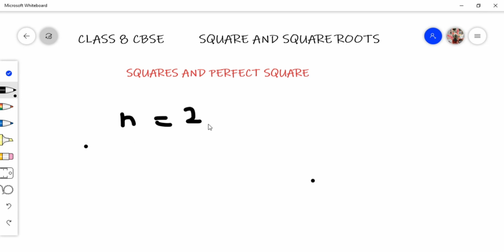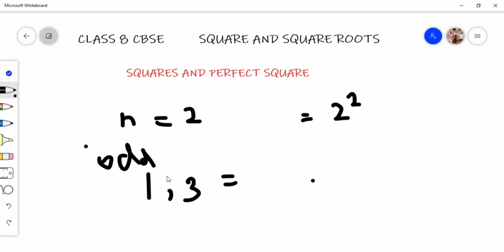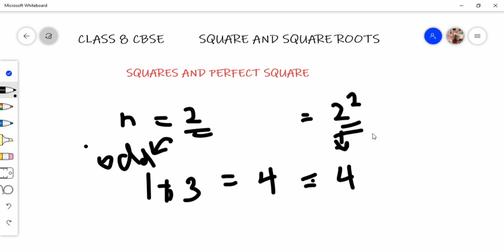So here it's saying the sum of the first two odd numbers is equal to 2 square. So the first two odd numbers are 1 and 3. If you add these two numbers, it is equal to 4. That is equal to the square of 2. Understood? So that means the sum of the first n odd numbers is equal to the square of n. So this was an easy property.